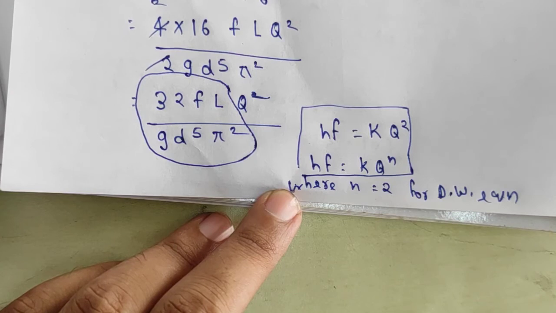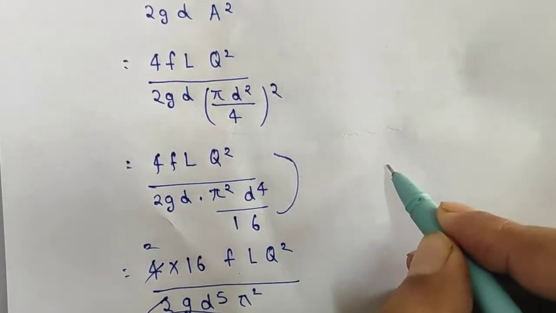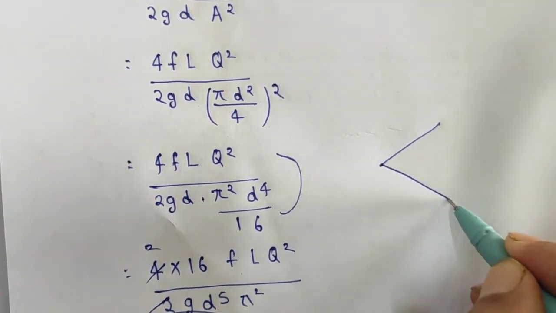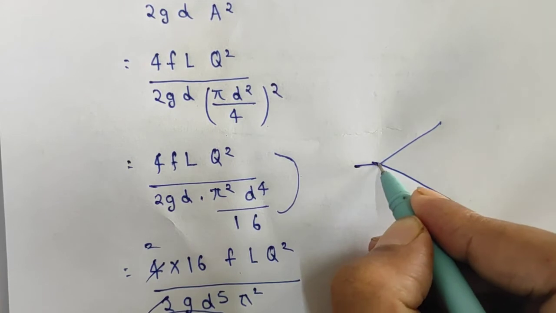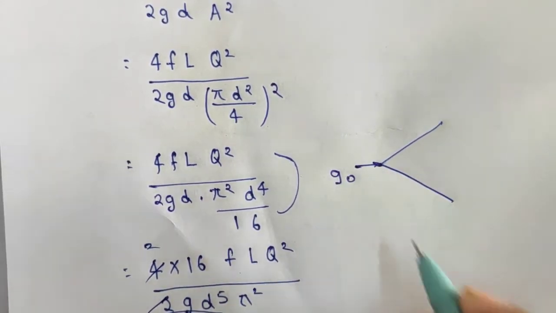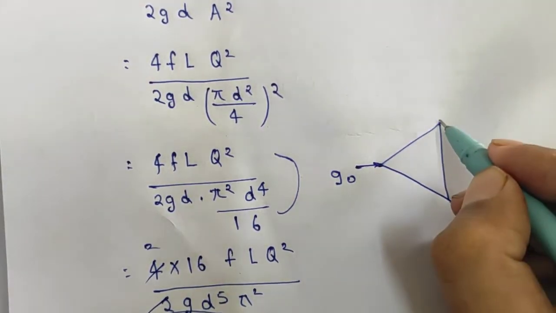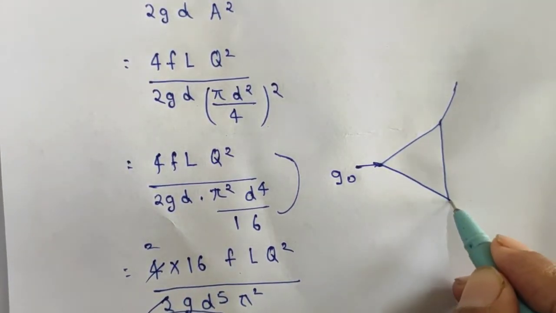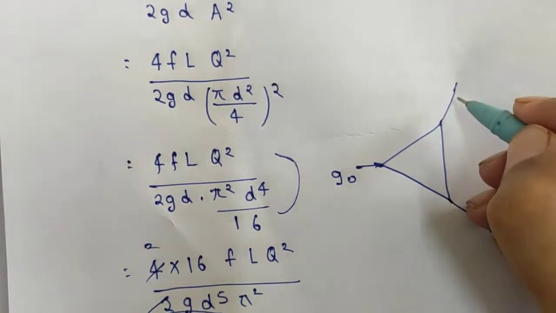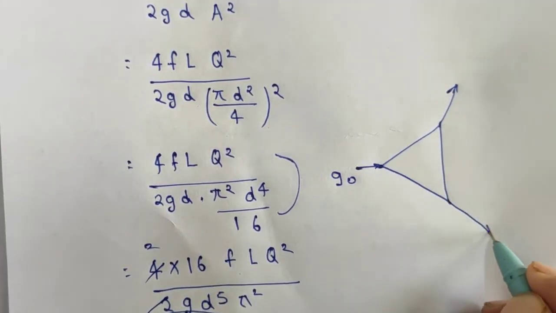For example, let me see that if this is a pipe network, some water, for example 90, is entering into it. Some water will exit here, some water will exit here, right? So this is the amount of water.